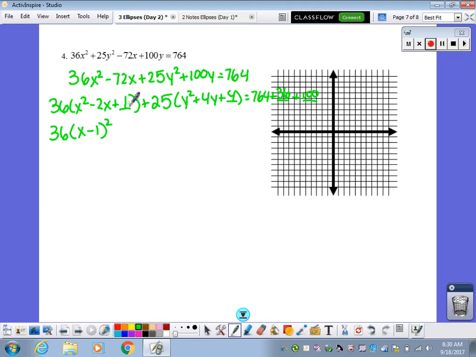We square rooted this, we took this sign that got us here, plus 25, square root, take the sign, y plus 2 squared is equal to 764 plus 36 plus 100, which is going to give us 900. We can now divide both sides by 900.